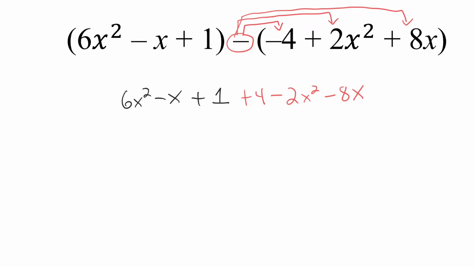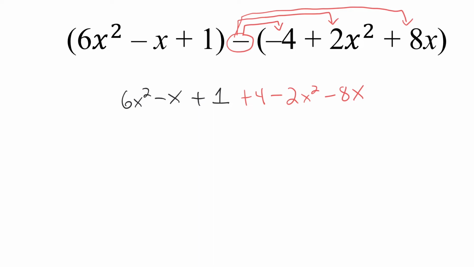All right, after you distribute the negative to the second polynomial, the second parentheses, now you are going to combine like terms. And you want to write the answer in standard form, which means you have to start with the highest exponent. Looking at the variables, the highest one is a square, or a 2. So I do have terms with the square.